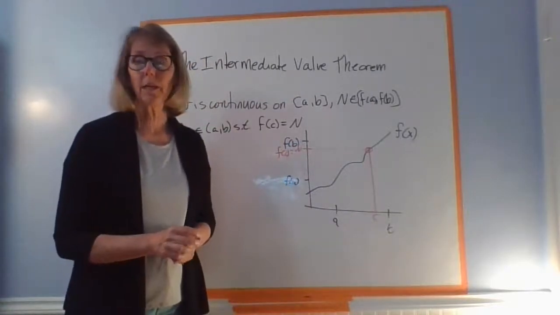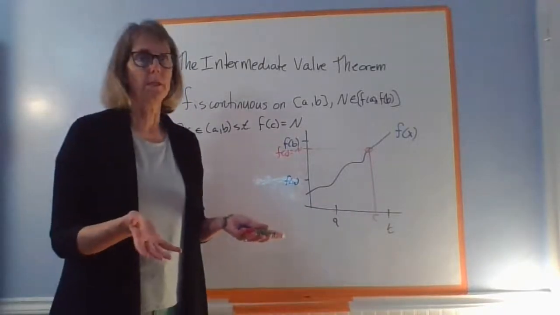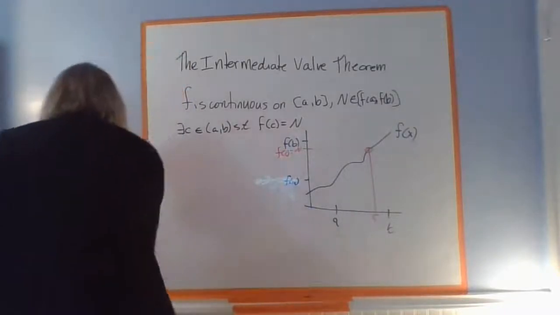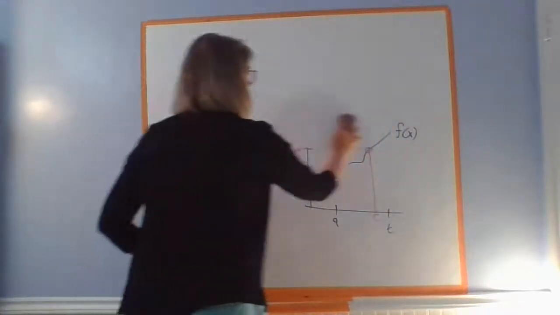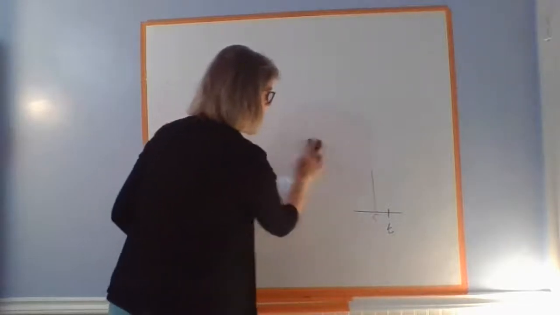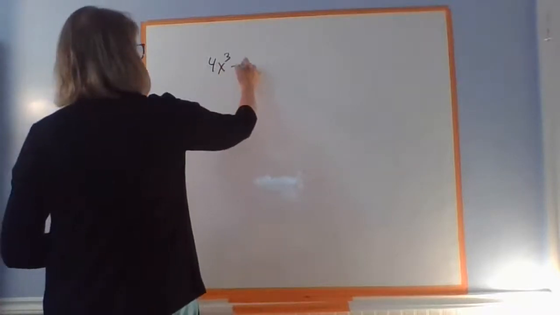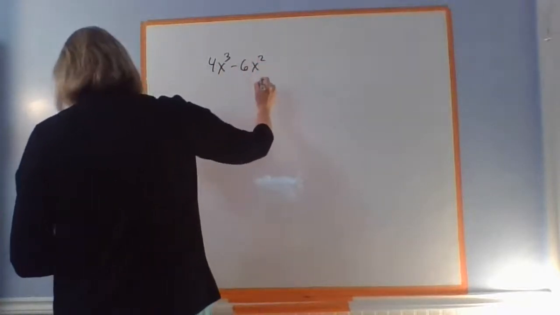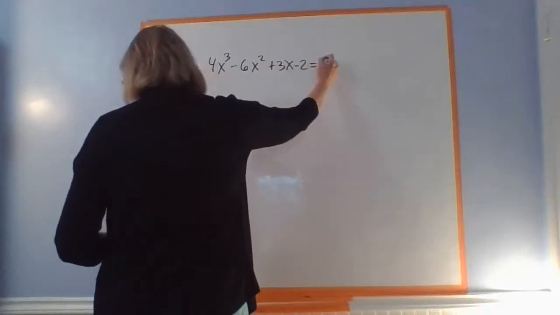And I'm kind of hoping that right now you're saying to yourself, so what? What's the big deal? Well, here's what the big deal is. Let's look at this specific example. We have an equation, 4x cubed minus 6x squared plus 3x minus 2 is equal to 0.